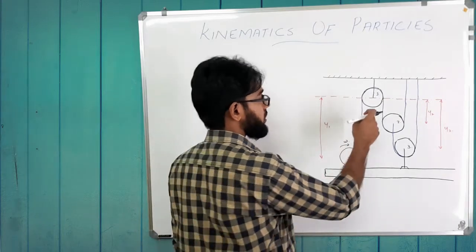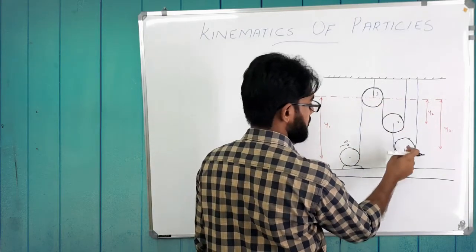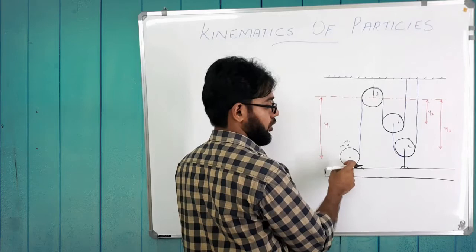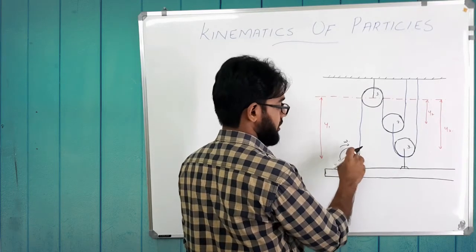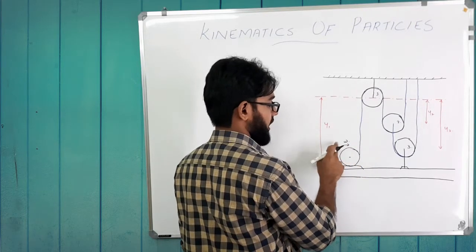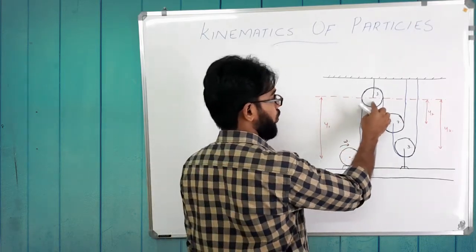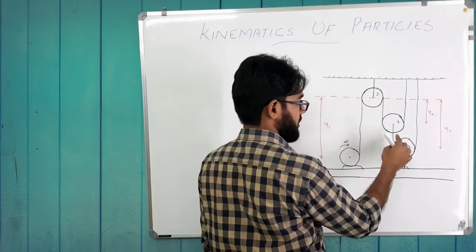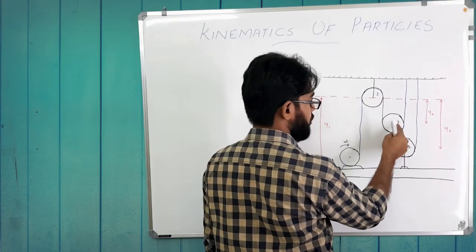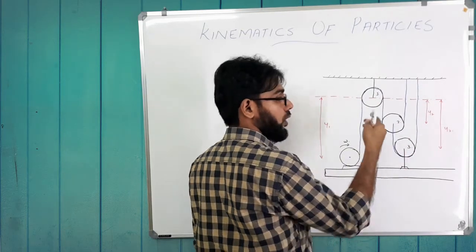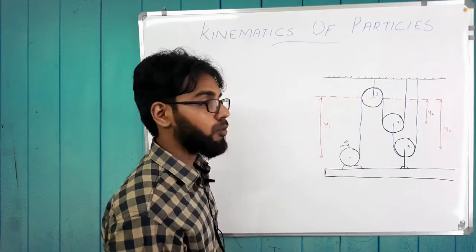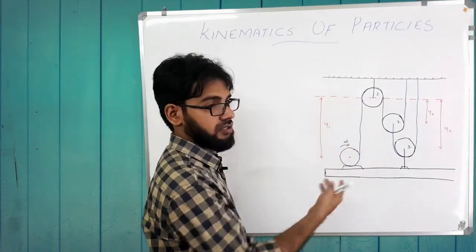Now I have here 3 pulleys, 1, 2, 3, and a motor that rotates with an angular velocity omega. Pulley 1 is fixed. Pulleys 2 and 3 can move up and down depending upon the motion of the scaffold.